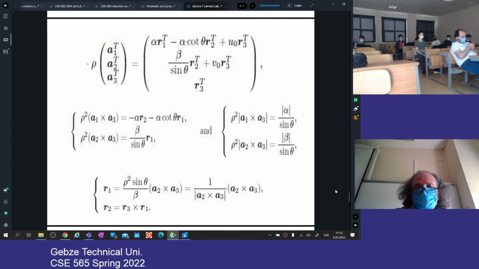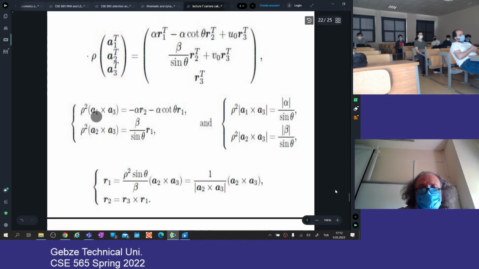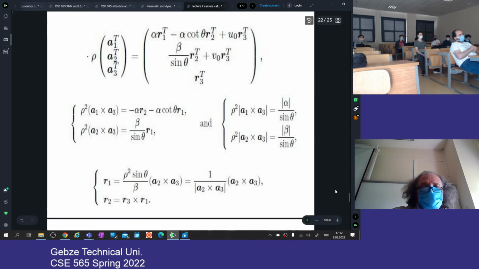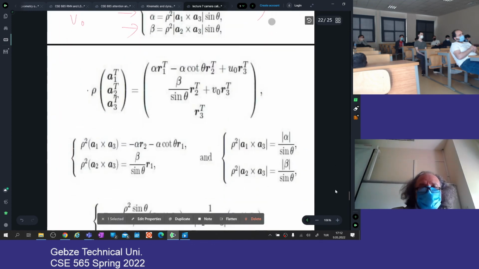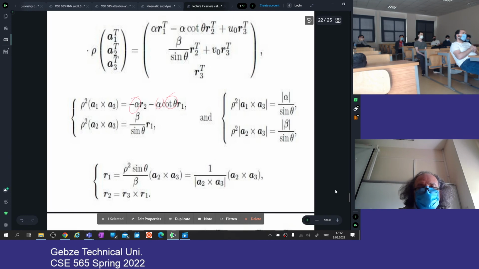Again, doing the same kind of tricks. I will do this one. This one is going to give me alpha R2, alpha cotangent R1. I know alpha value, I know the beta value, I know the theta values, so I know this, I know this and that.